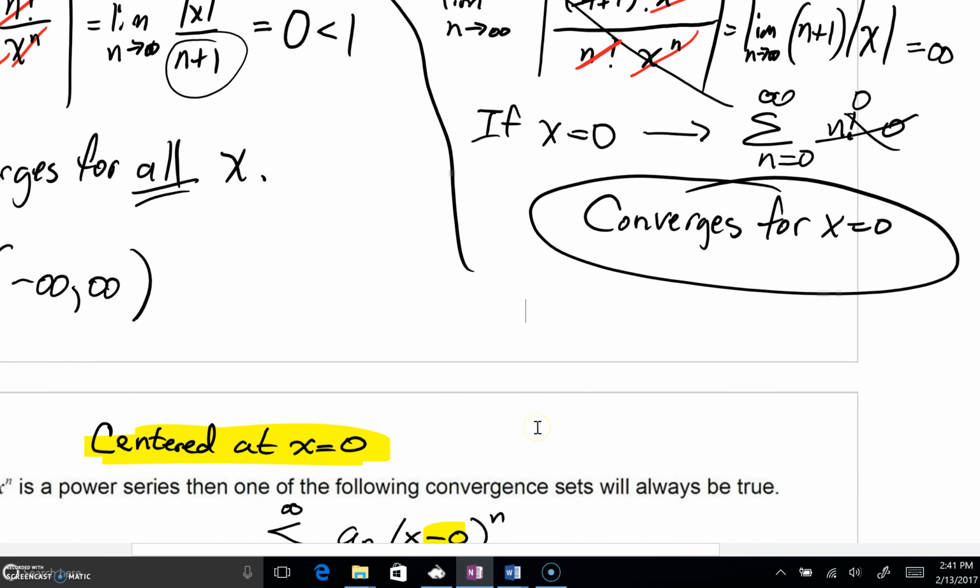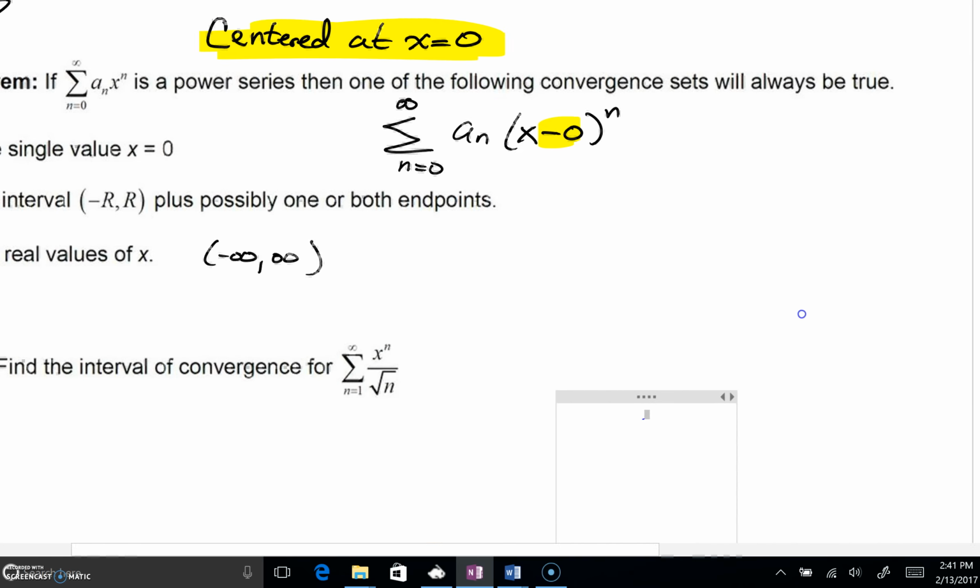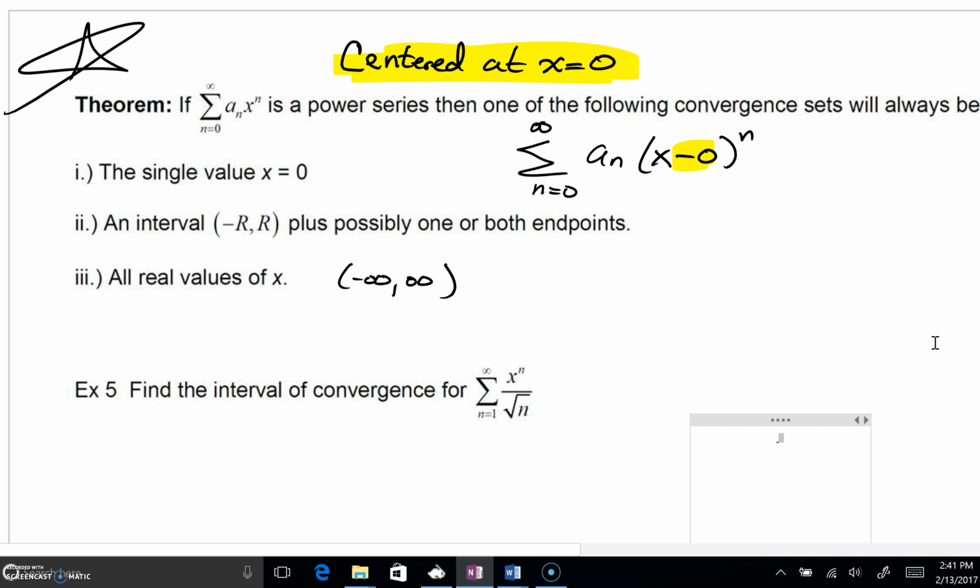Well, that then leads us to the next page. And I just wanted to point out to you that you have this wonderful theorem right here where, look, if you have a power series, we're going to say that a to the n, x to the n right there, x raised to the n, is centered at x equals 0. And that can sound so funny. It's not too early to begin talking about where a power series is centered.